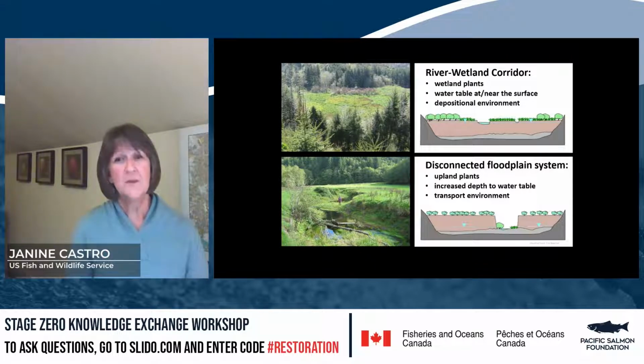And this is a paper that Ellen Wohl and a number of us were involved with. That's what we decided to call it. So there's lots of different terminology, but I think we all agree on the characteristics that we're looking at for these very well-connected systems that provide those habitat features and functions that we're looking for. That's kind of the goal of many of these projects.